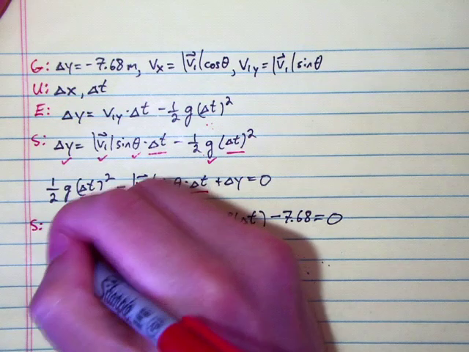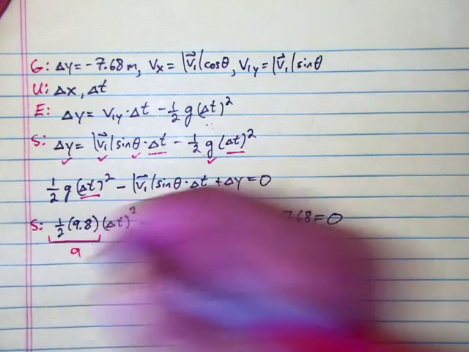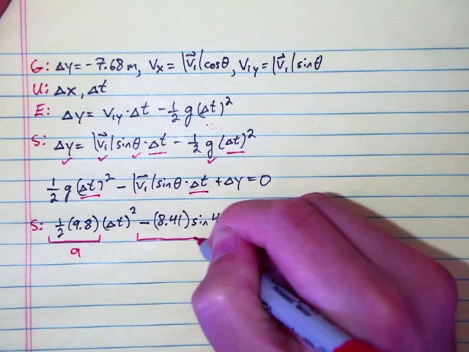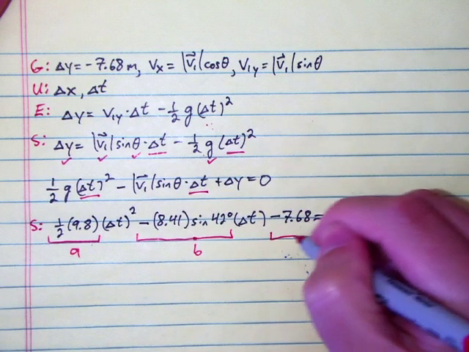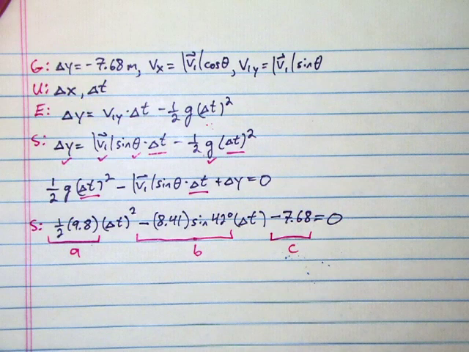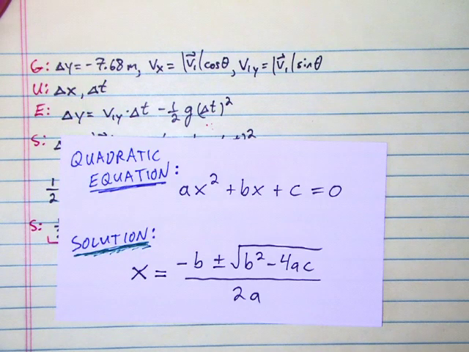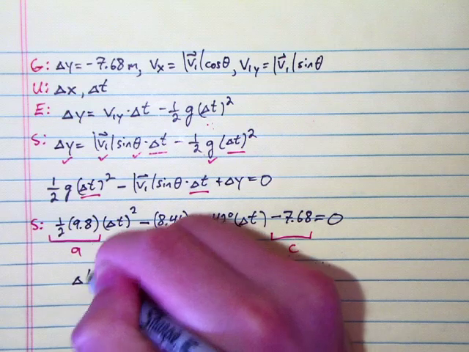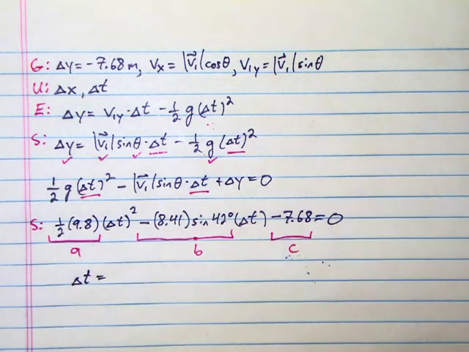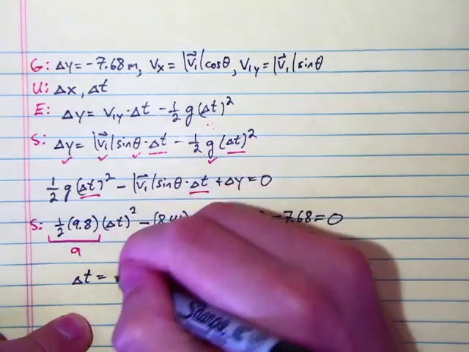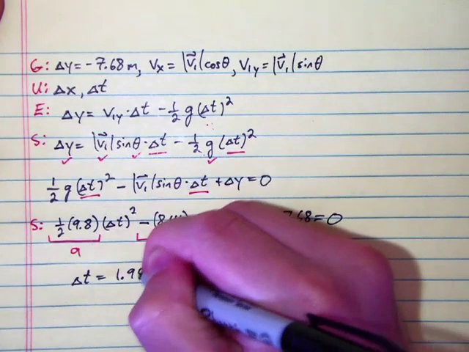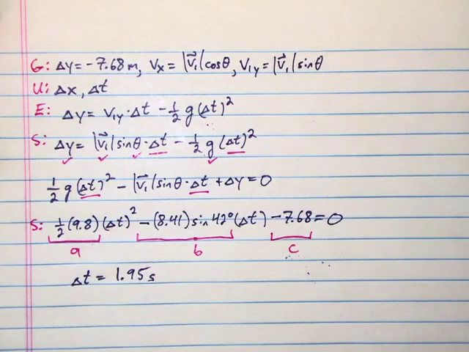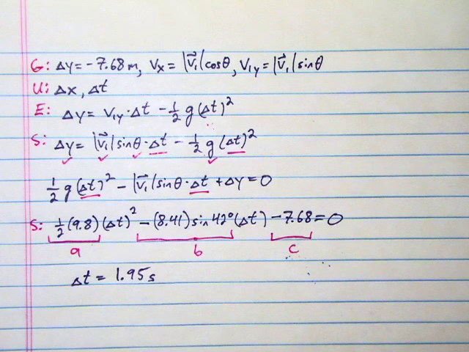Okay, so you've got your coefficients here, A, B, and C for a quadratic equation. Solve that any way you like. You can use the quadratic formula here or graph it and find the zeros. What you should discover, no matter how you solve it, is that the only positive solution for delta t is 1.95 seconds. Almost 2 seconds he's in the air before splashdown.